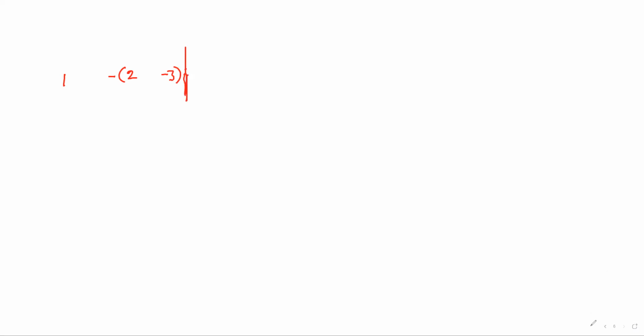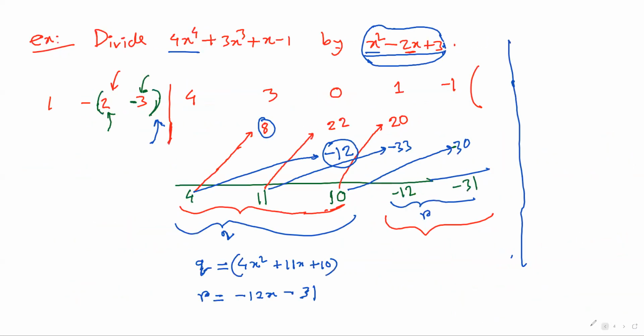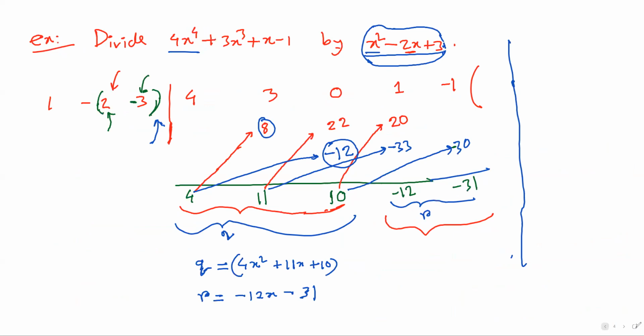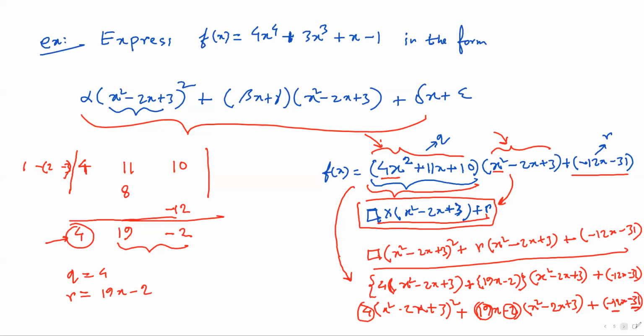And we have 4, 3, 0, 1, minus 1. And we have 8, 22, and 20.